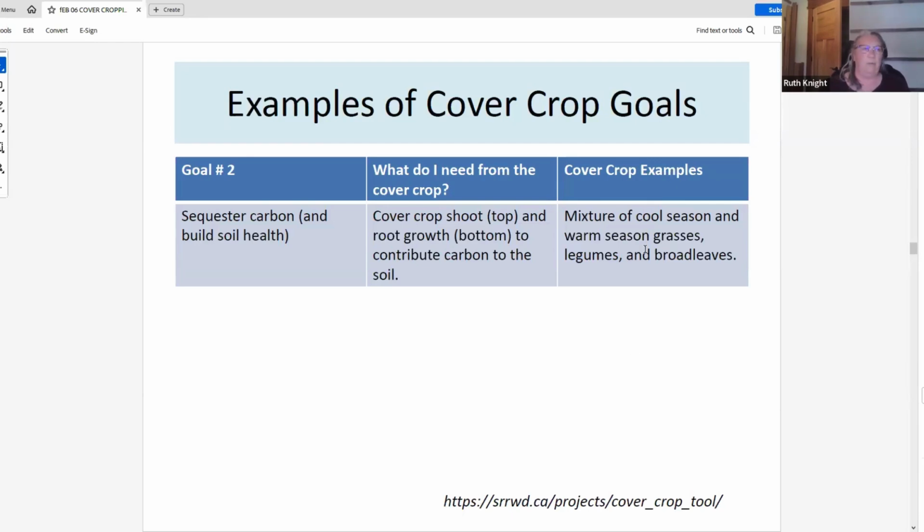And this is where you would consider a mixture of cool and warm season grasses, legumes, and broadleaves. So a warm season grass might be like sorghum Sudan grass or millet or some of your prairie species where you really get a lot of biomass to contribute to that carbon sequestration.